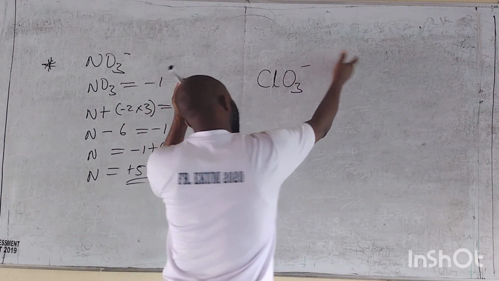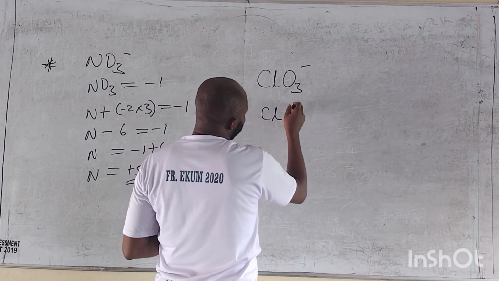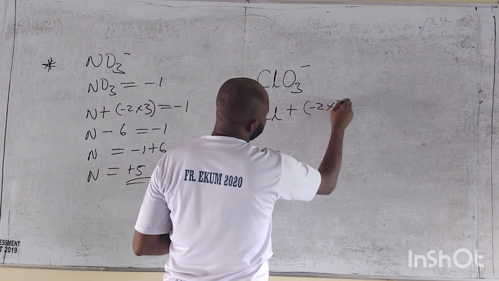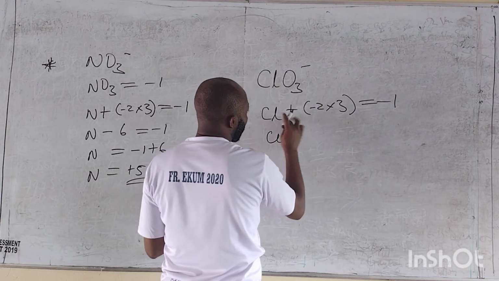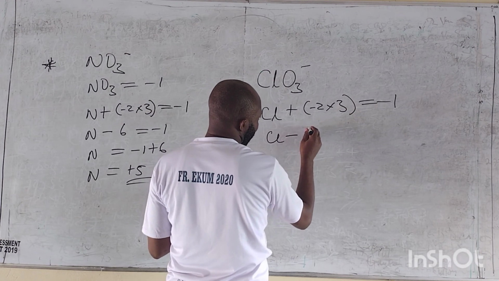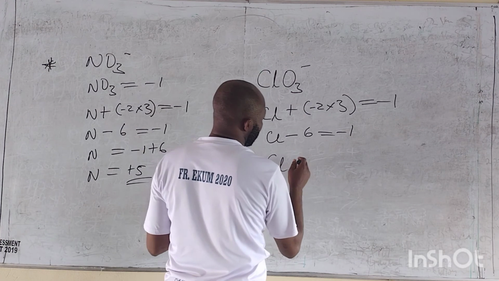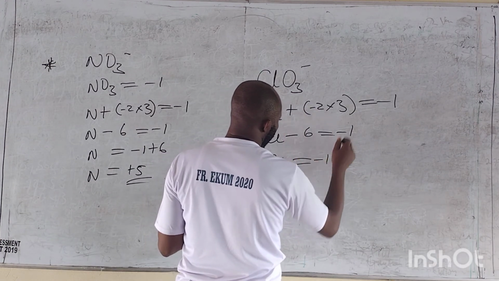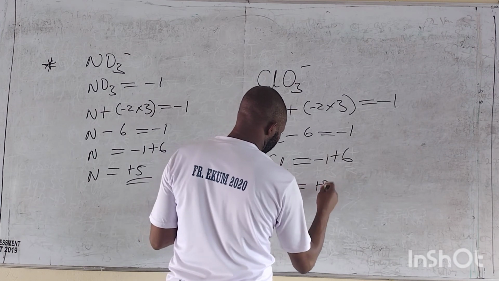So everything is equal to minus 1. So let's take it again. This is my chlorine plus minus 2 times 3, is equal to minus 1. Chlorine plus times minus is minus 2 times 3, 6, minus 1. So chlorine is equal to minus 1 plus 6. Chlorine is equal to plus 5.